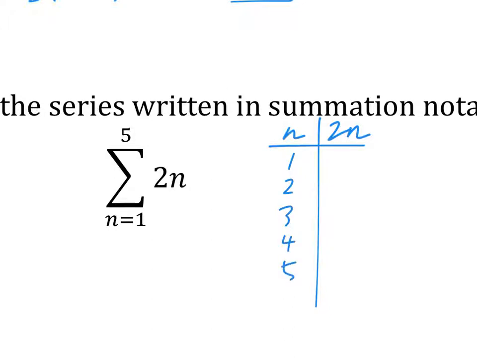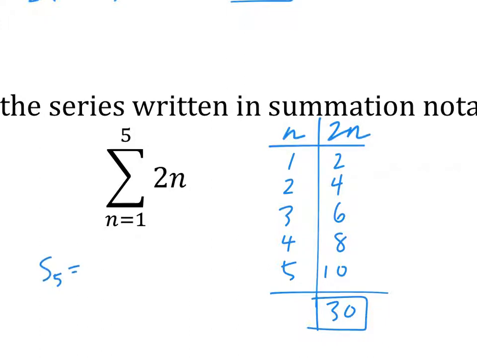We are adding up 5 numbers. 2n, so we're multiplying everything by 2. Add it up, 30. Okay, another way to do this, because 2, 4, 6, 8, 10 is an arithmetic series, you can just add up 5 numbers. 5 divided by 2, first number plus last number. You're still going to get 30.